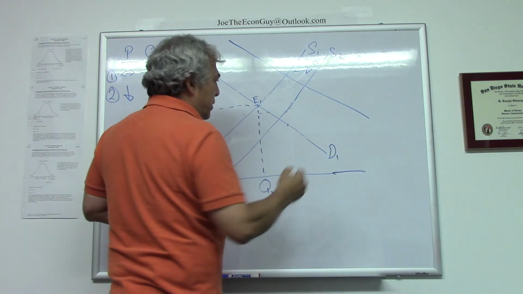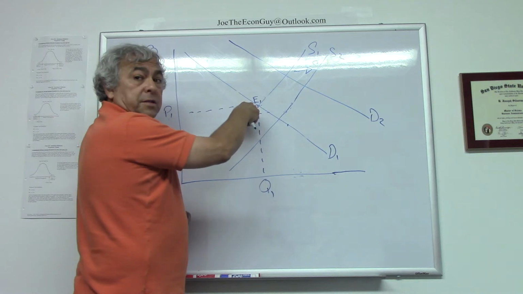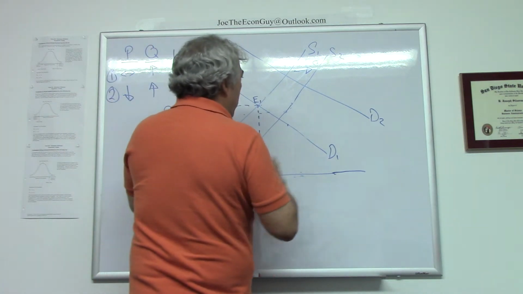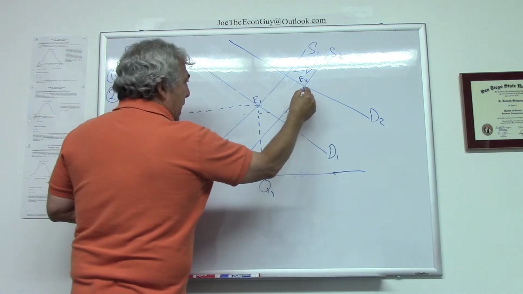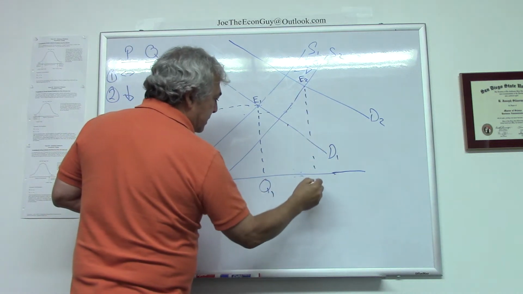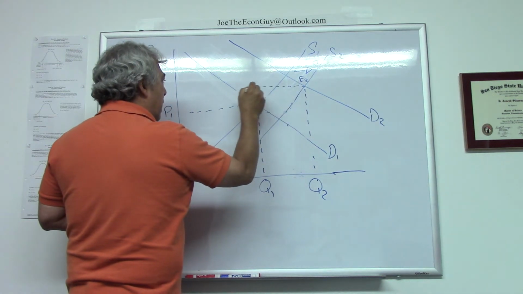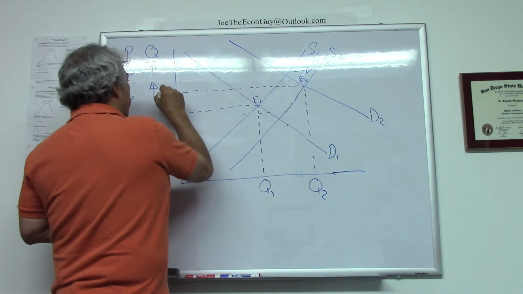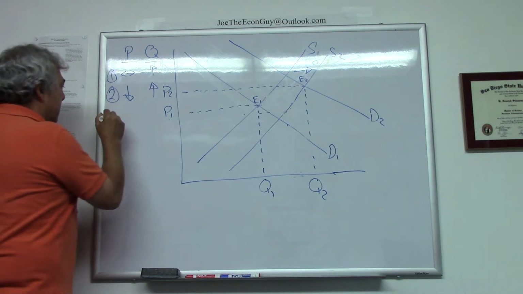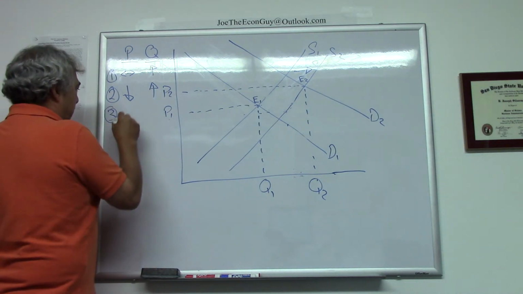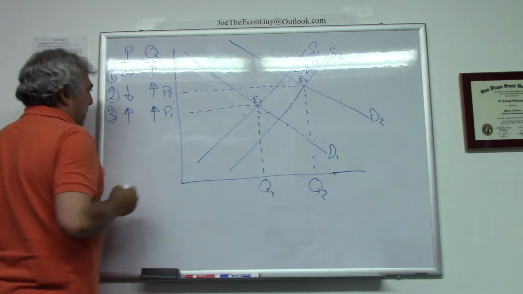So this is our new shift in demand. This is D2. Remember, E1 is our initial equilibrium. What's our new equilibrium going to look like? It's going to be right here at E2. I'm going to drop a line down to the quantity axis. So this is Q2 over here. And then I'm going to bring a line down over here to the price axis. So this is P2 over here. And what do we see in a situation like this? In a situation like this, the price went up and the quantity went up as well.